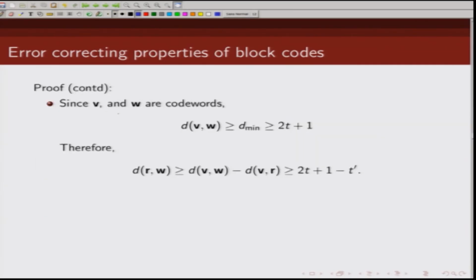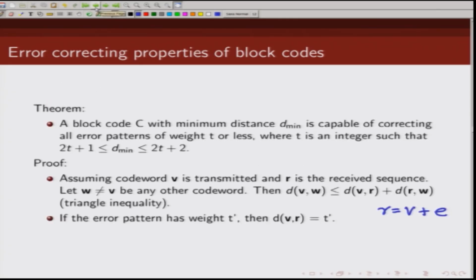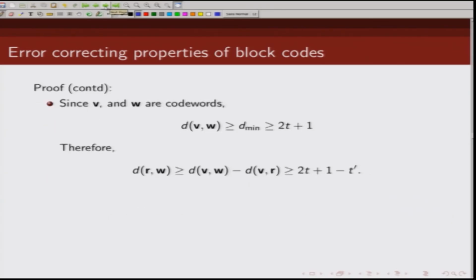Now, since v and w are valid code words, the Hamming distance between v and w will be at least equal to the minimum distance of the code. So, the Hamming distance between v and w is greater than or equal to the minimum distance of the code, and in the beginning we defined that our minimum distance is at least 2t plus 1. So, from these two we can write that the Hamming distance between v and w is greater than or equal to 2t plus 1.